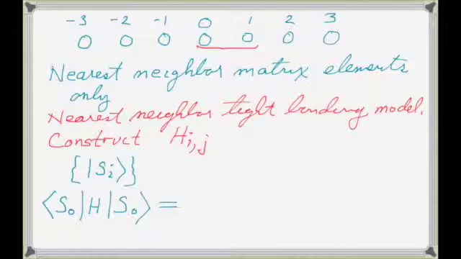For the potential of U0, I'm just going to get E0. And then I'm going to get some contribution from the potential of U minus 1 and U plus 1, so the potential of atom negative 1 plus the potential of atom plus 1.